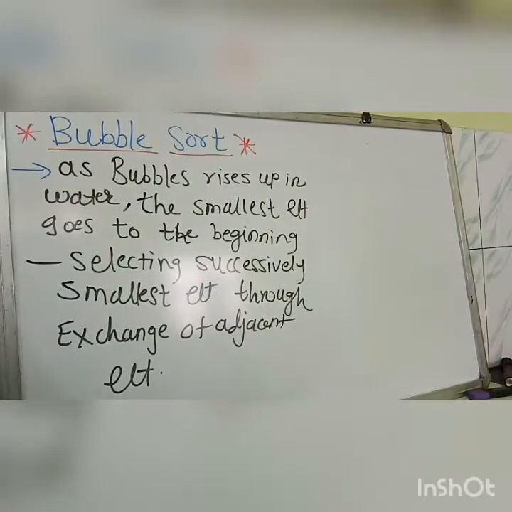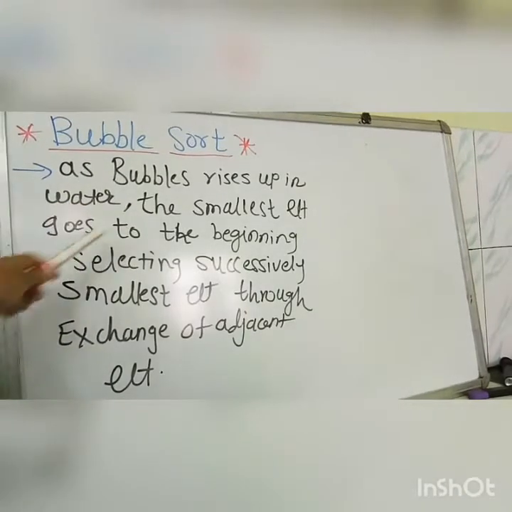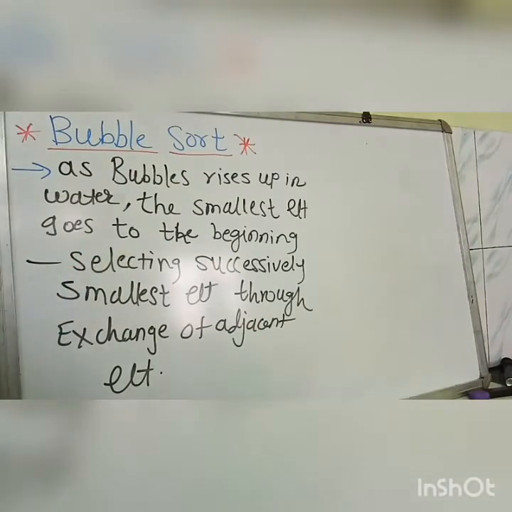Here we are taking the smallest element first, means we are arranging them in ascending, not descending, order. The smallest elements go to the beginning of the list. This is the basic mechanism behind the bubble sort.